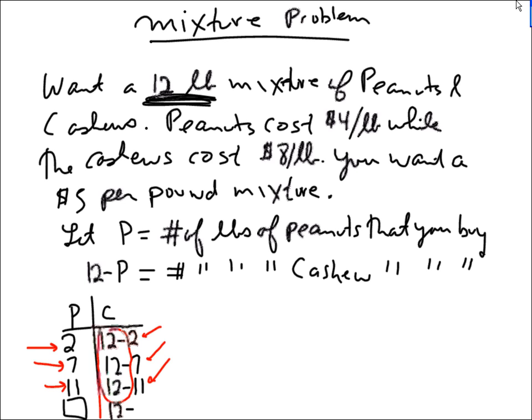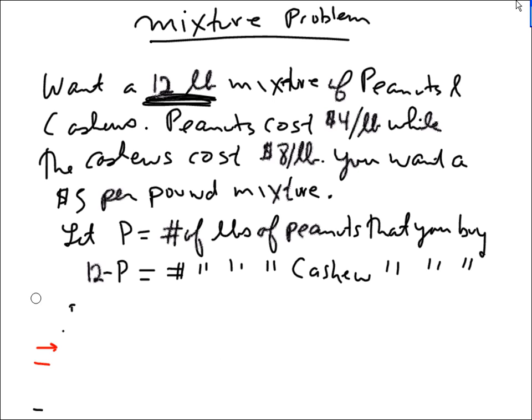And whatever I put in this box, say I put P, then it's going to be 12 minus P. If I buy P pounds of peanuts, then I buy 12 minus P pounds of cashews. And for the record, if you add 12 minus P and add P back, you get 12. So all the 12 pounds goes to the cashews minus the number of pounds of peanuts, which is P: 12 minus P.